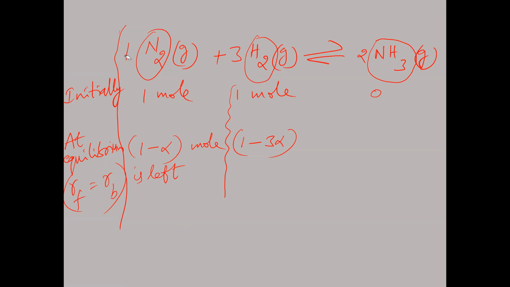That's why the given 1 mole initially minus 3 alpha consumed, so 1 minus 3 alpha moles of hydrogen is left over at equilibrium. So these are the equilibrium moles of nitrogen and hydrogen.